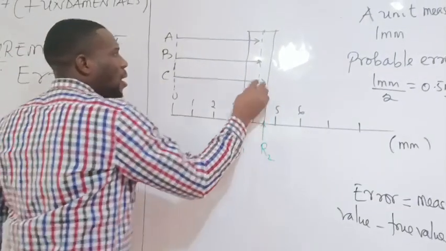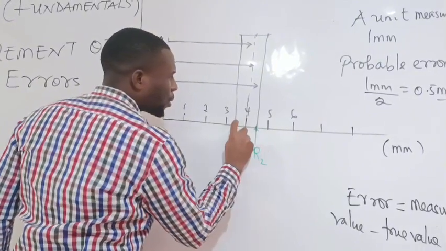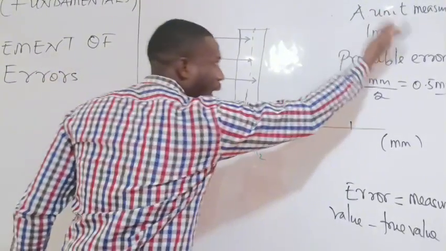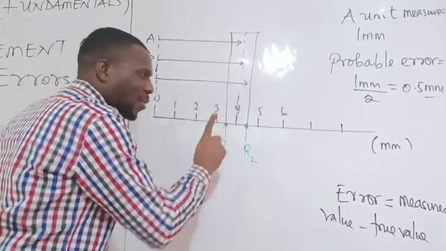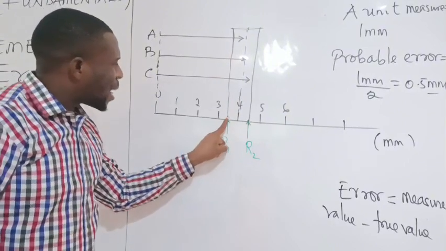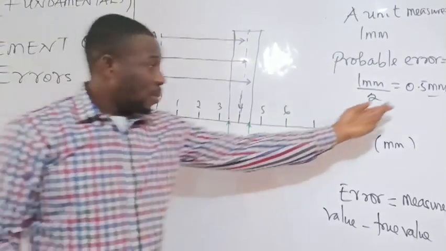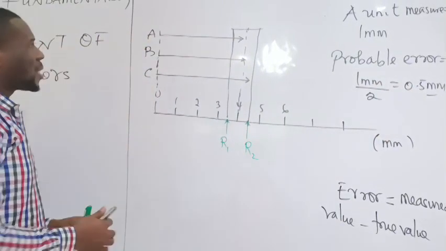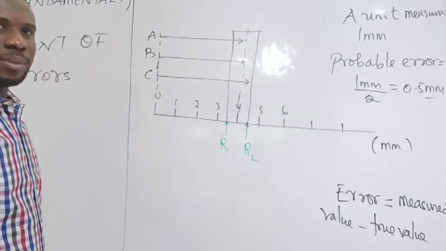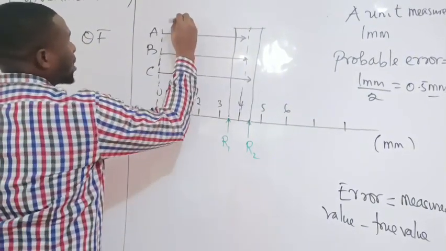However, when you make measurements and it falls within this range of errors, which is uniquely specified by half of a unit measure, definitely we have to report our measurements in terms of the range of these errors, which is 0.5 millimeter. So the question is this: how would the first, the second, and the third person report their answers? Of course, they all reported their answers as 4.